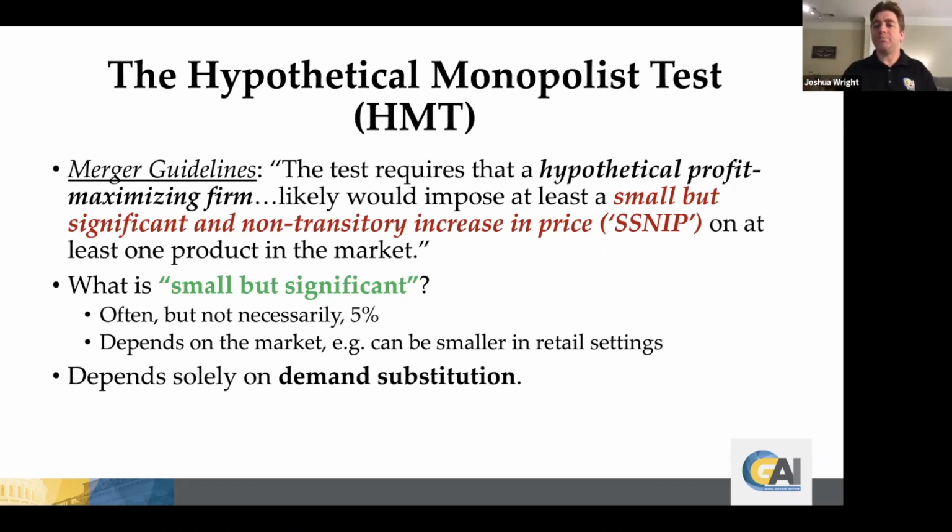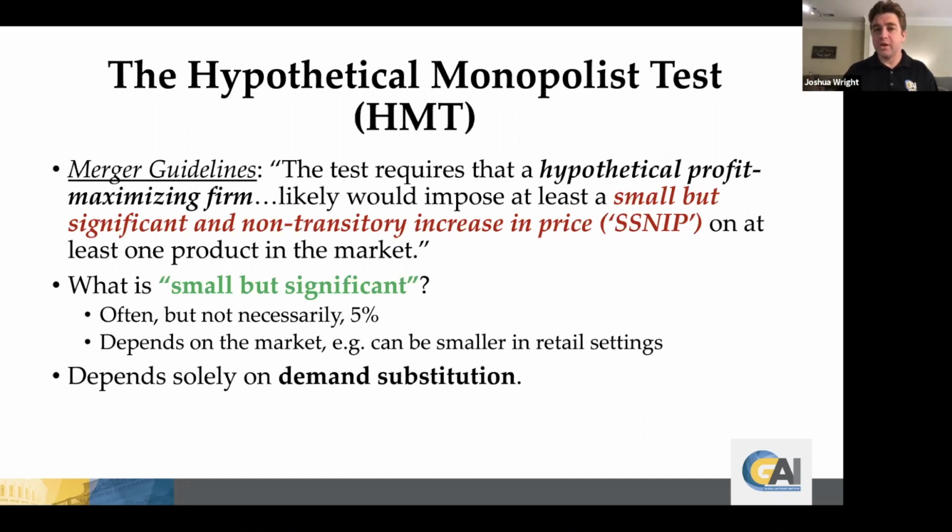Say we are interested in finding out whether that high-end coffee circle was an antitrust market. We would draw that circle. We would assume a hypothetical profit-maximizing firm owned all of the firms inside the circle. And then we would ask, could that firm profitably impose a SNIP? Could it increase price profitably?